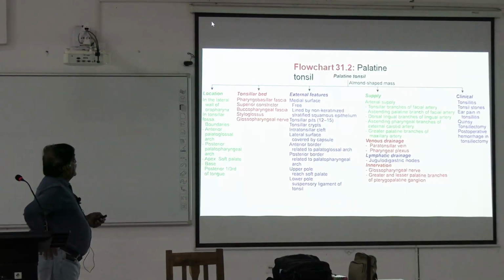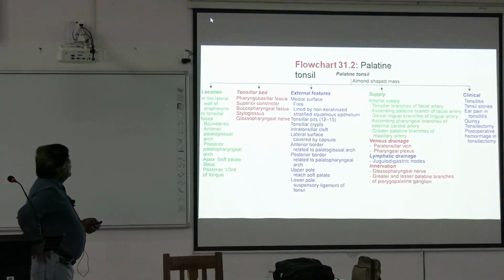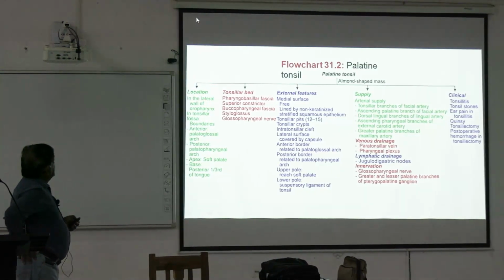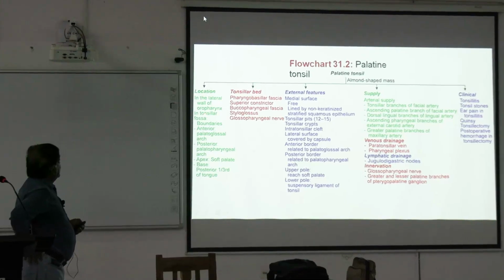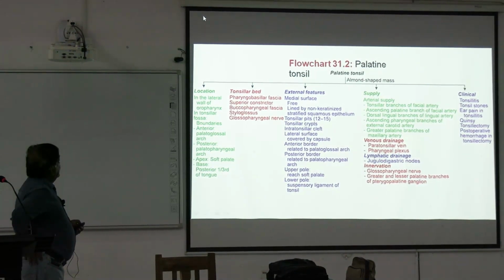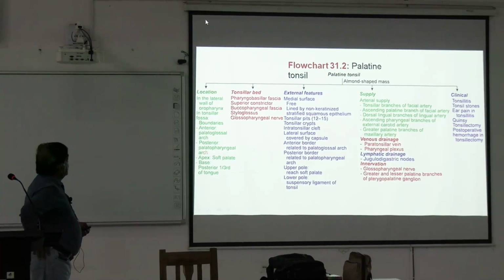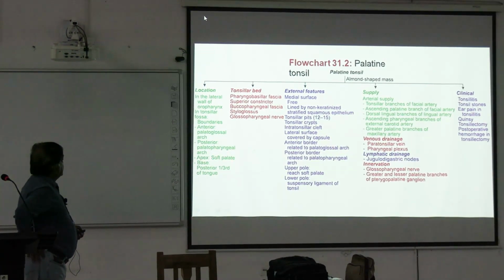Now, palatine tonsil, location in the lateral wall of oropharynx in tonsillar fossa, boundaries, anterior palatoglossal arch, posterior palatopharyngeal arch, apex, soft palate, base, posterior 1/3 of the tongue. Tonsillar bed, pharyngobasilar fascia, superior constrictor, buccopharyngeal fascia, styloglossus, glossopharyngeal nerve.